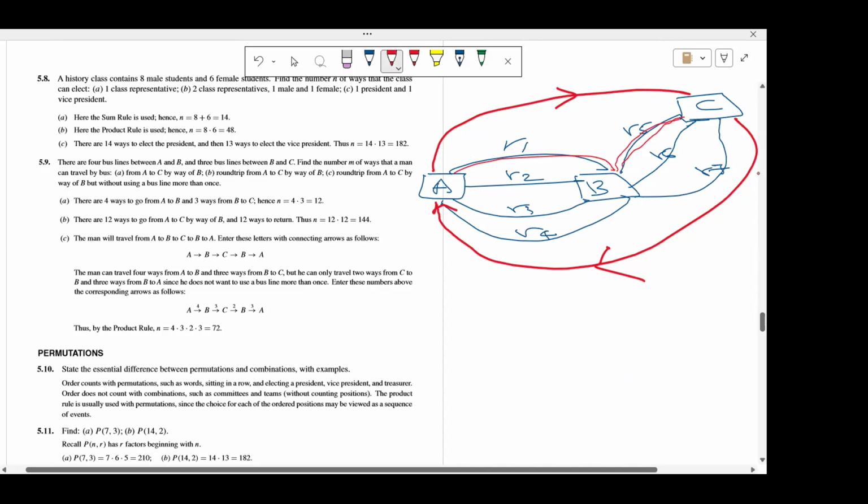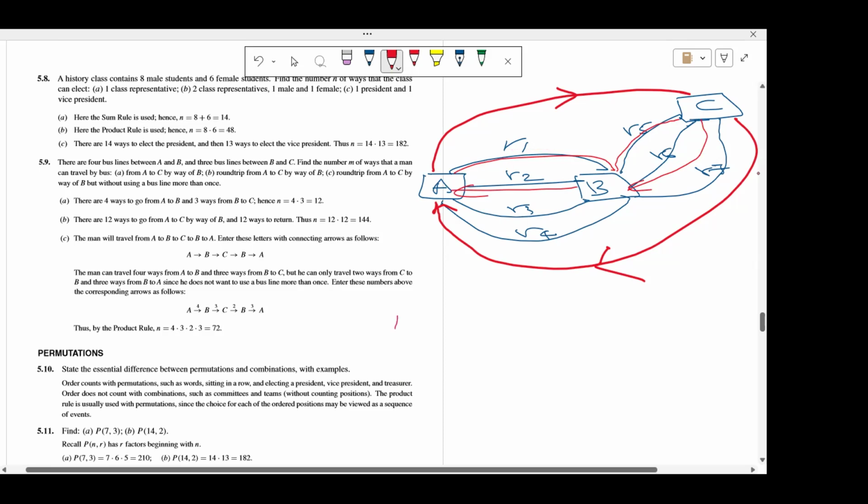But now in the third question they are telling that if you are utilizing one road from A to B and B to C, you cannot use the same line again. So for the return journey, you must use different lines, right? So how can we find out the answer for the third question? Tell me how we can find out the answers.